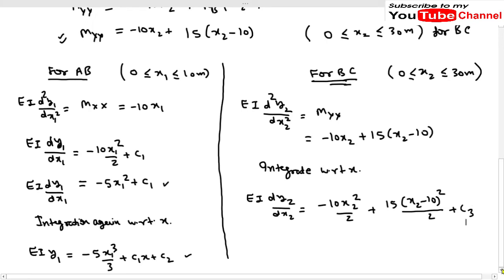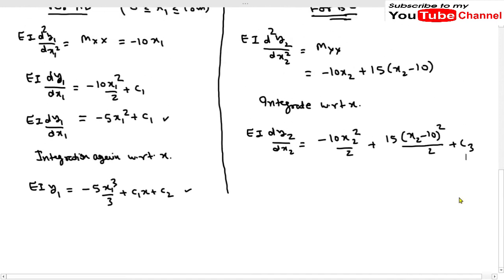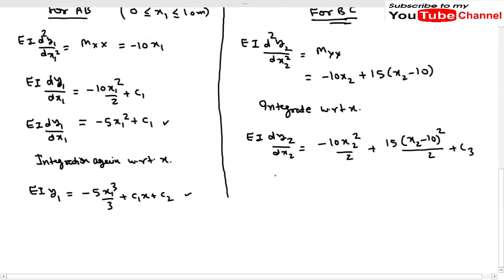Now we will integrate this equation again to get our equation for deflection. So again integrate, and we will get the relationship for deflection EI y2 equal to minus 10, or you can solve it.